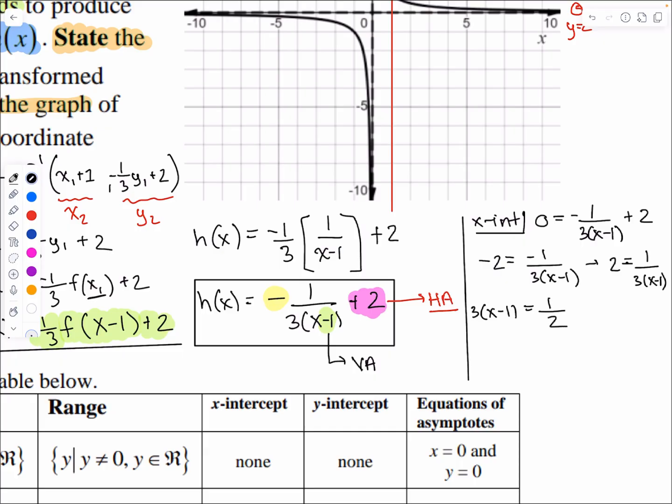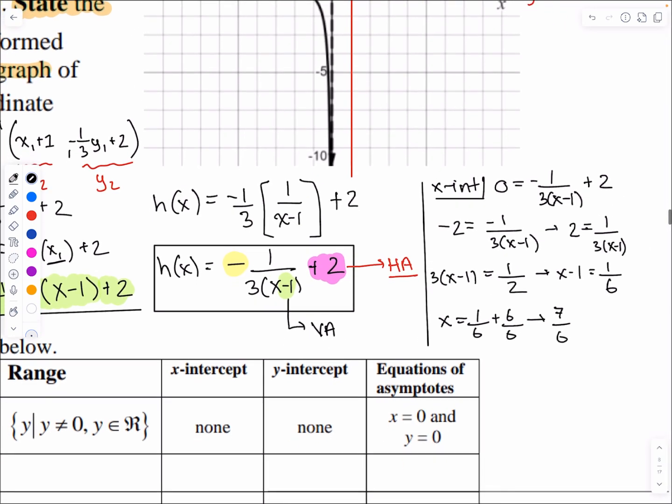And then from there, we can divide both sides by 3. So we're going to have x minus 1 equals 1 over 6. And then I'm going to add 1. So it's going to be 1 over 6 plus 1, which is 7 over 6. So our x-intercept is at 7/6 and 0.